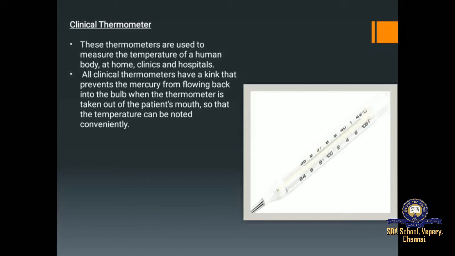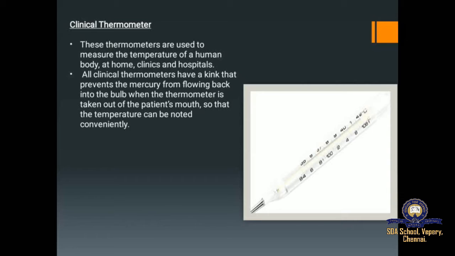So, in a thermometer, there will be a kink. It is present to prevent the mercury from flowing back into the tube when the thermometer is taken out of the patient's mouth. Okay, so if it flows back into the tube, the temperature cannot be noted.